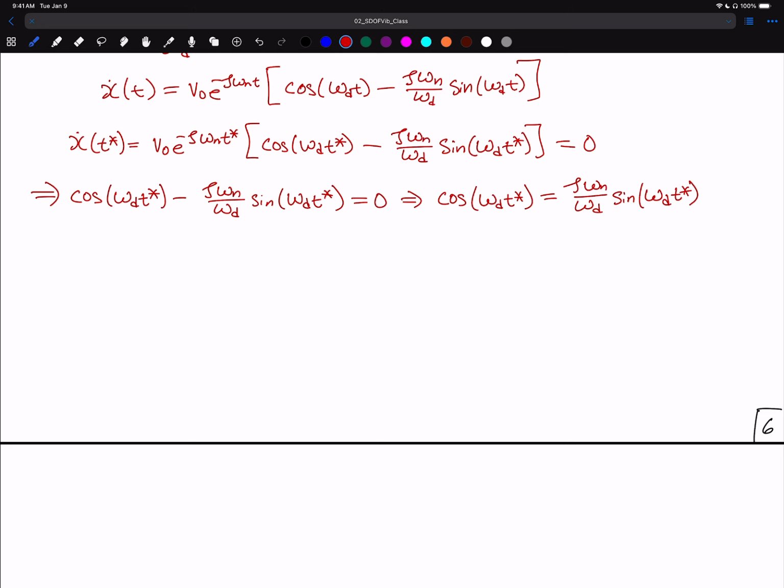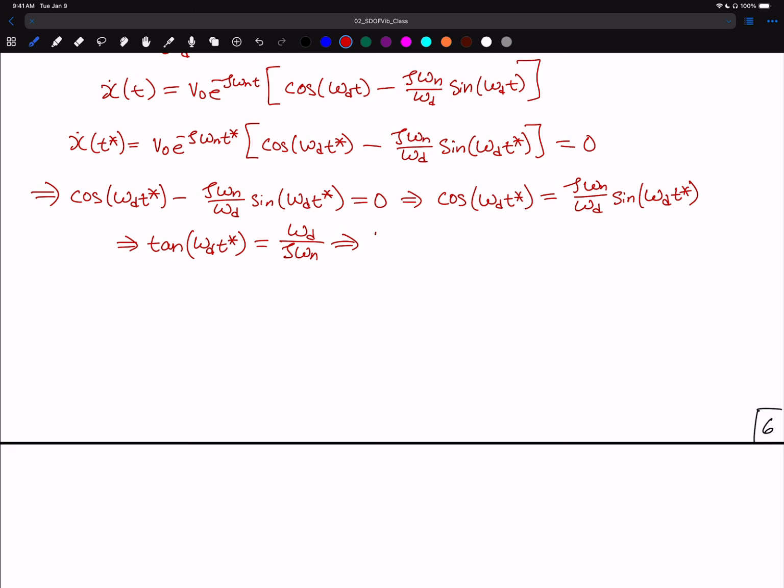From there, we can find that the tangent of omega d t star is equal to omega d divided by zeta omega n.